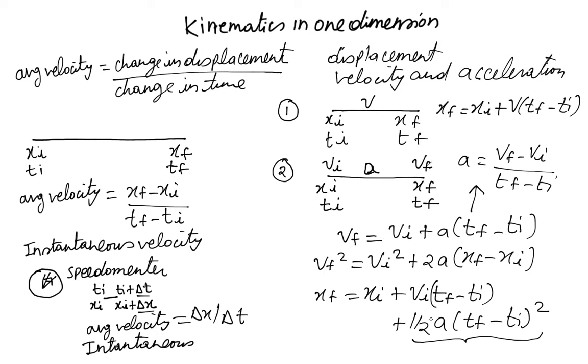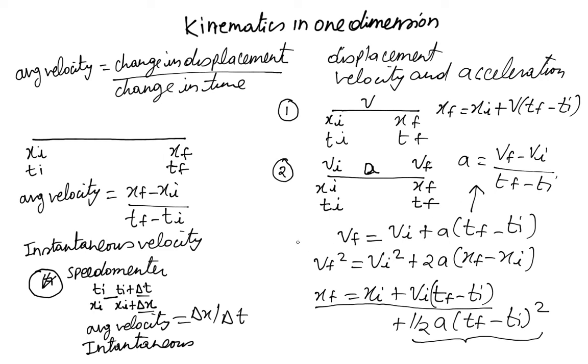If you put a equals 0, which means there is no acceleration, your equation reduces to the first one. This one is just the definition of velocity, this one is the definition of acceleration, and this is again the definition of velocity, plus an effect because of acceleration. But this one is new, and we don't really want to understand how it comes about right now. It relates the initial velocity vi with the final velocity vf, given there is some acceleration a.